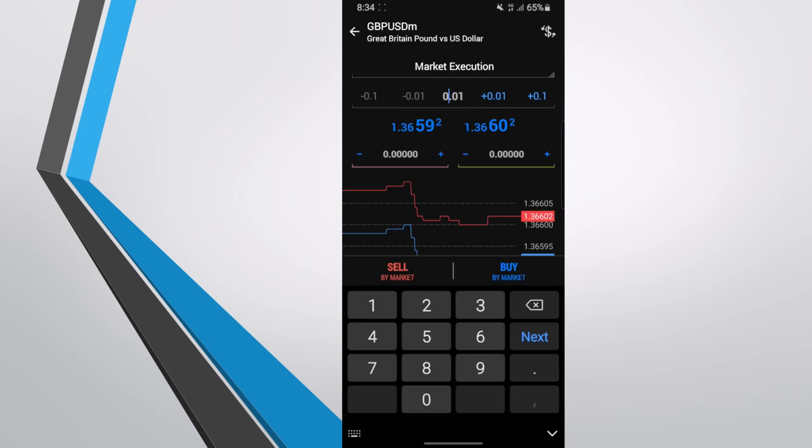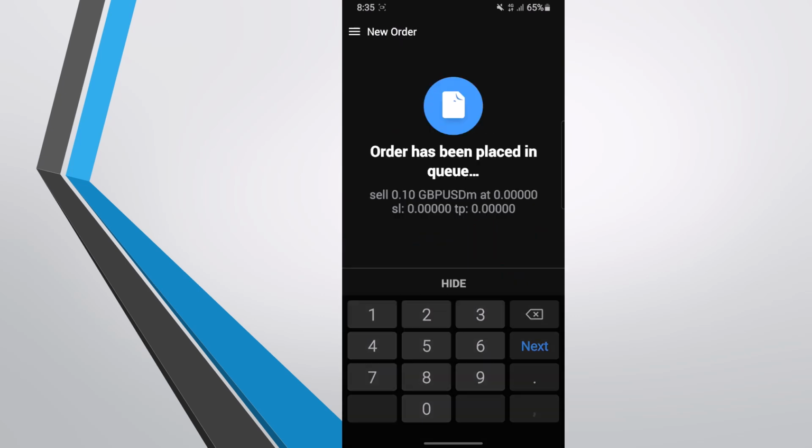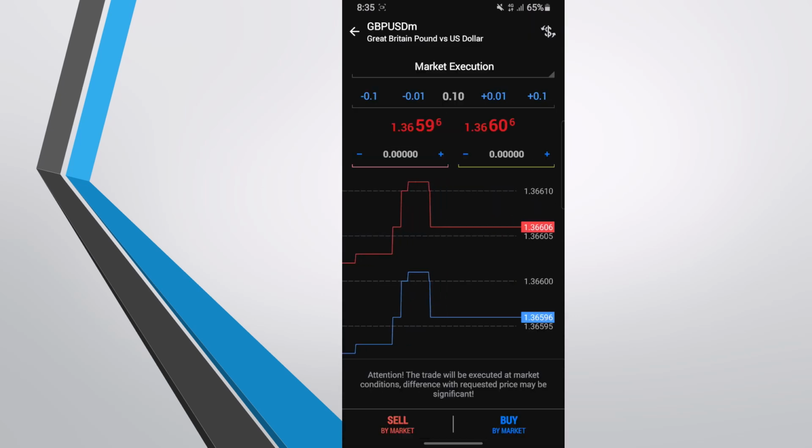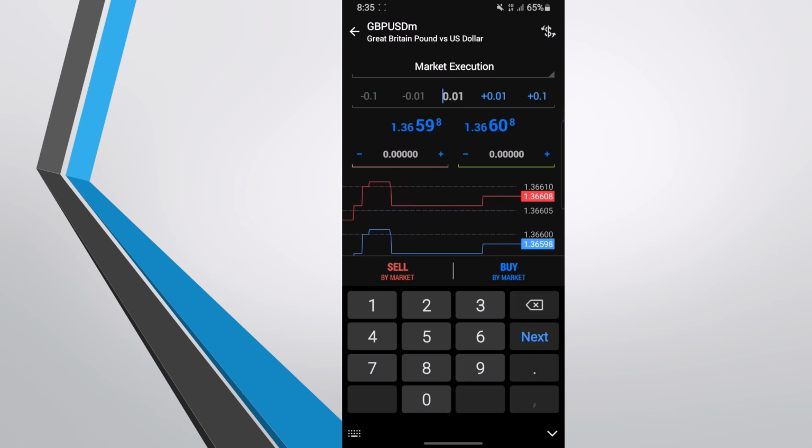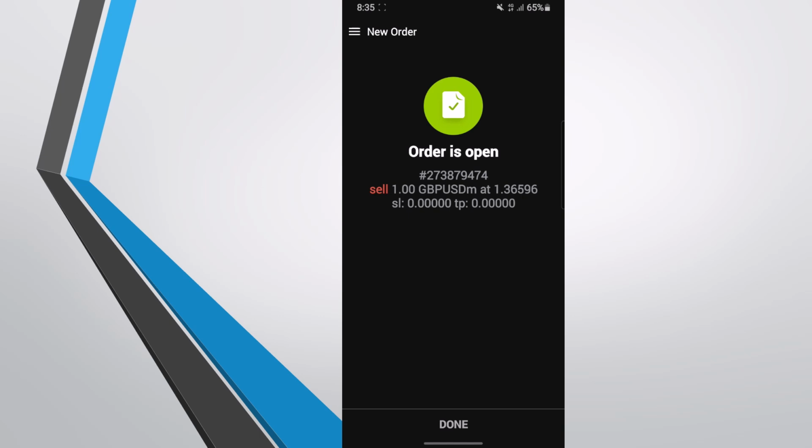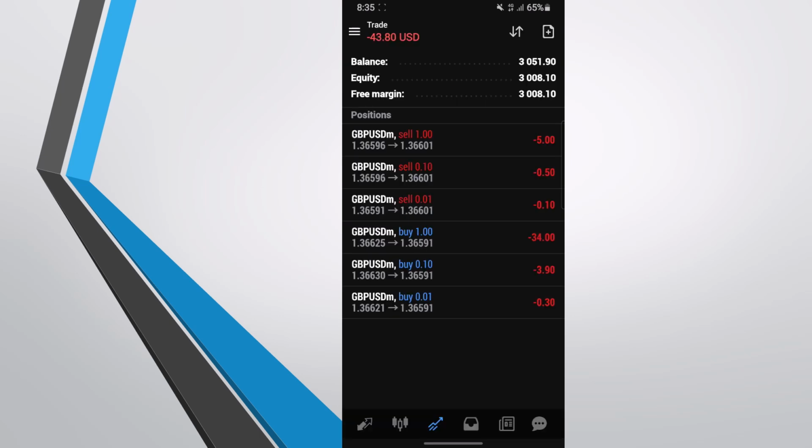I sell with 1 mini lot size. Then I sell with 1 standard lot size again. All right. So they are complete now. You can look at the position tab. You can see the trades here: sell, sell, sell. Then look at buy, buy, buy.